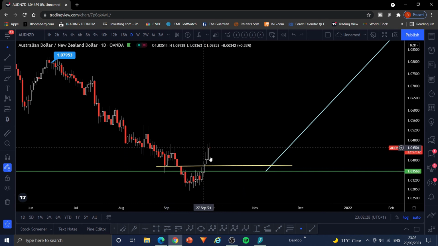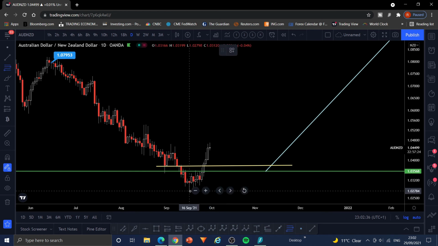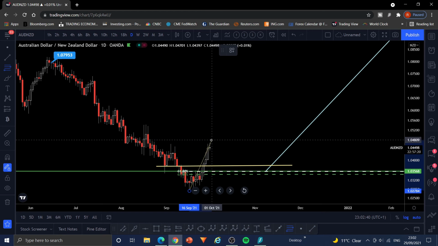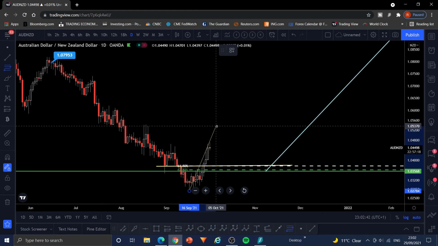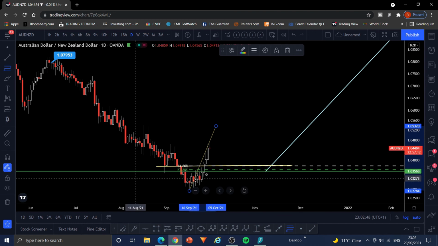Now, if price comes down to that level, so this is what I'm hoping for, traders. I'm hoping for price to keep pushing up to a point where my 618 is lined up with this level here, giving me a little bit of confluence at that level.